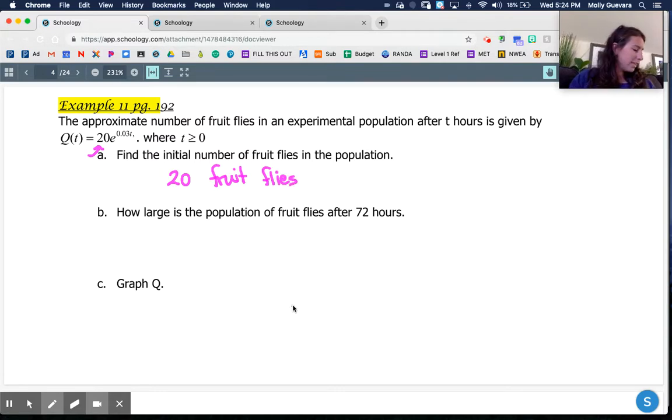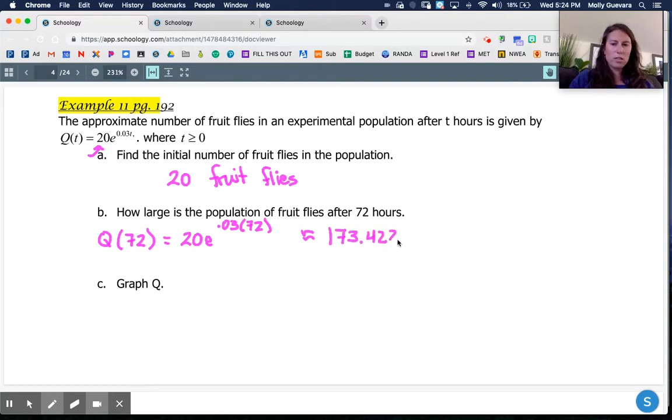Then it says, how large is the population of fruit flies after 72 hours? So now I want to find Q of 72, because T is hours. So I have 20 e to the 0.03 times 72. I enter that into my calculator and I get 173.422-ish.